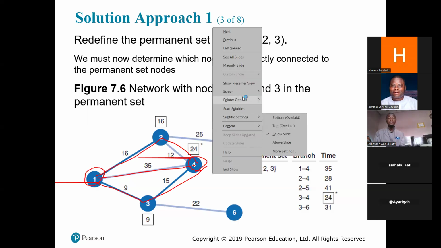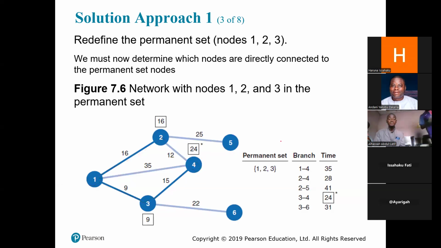Now with this, it means that our permanent set has expanded. Because, so you would see that the branch from 3 to 4 is also now deepened. Which means we have solved that problem also. So we have to redefine our permanent set. So our permanent set now contains what? 1, 2, 3, and what? 4.